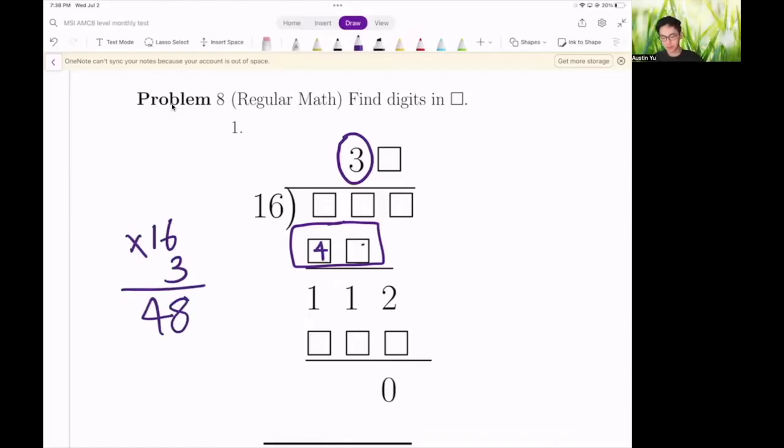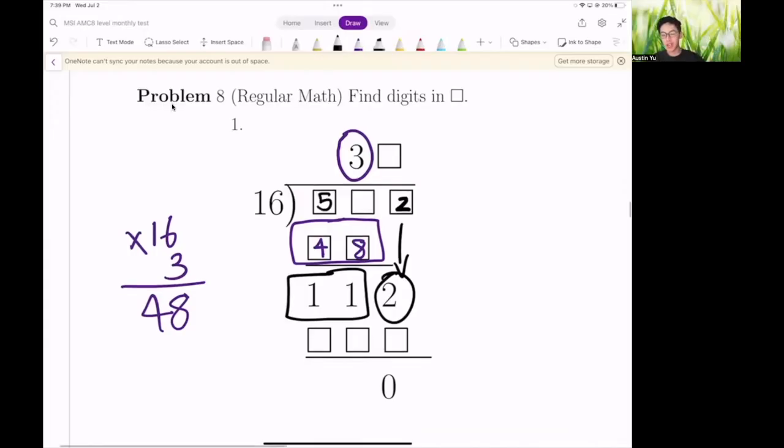48. And we also know that this number must be 2, as I just write here, because it's dropped down here. It's literally dropped down. And if the result of the subtraction is 11, then the top number must be 59, right? Because 59 minus 48 is 11.